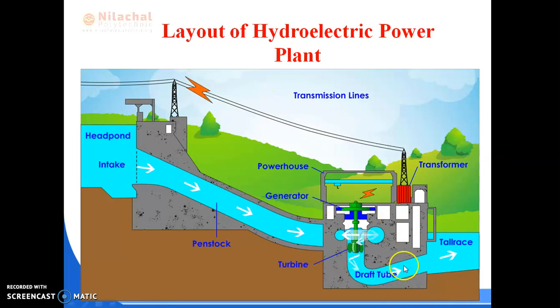There is a draft tube. The main function of the draft tube is that, if the pressure energy of the liquid at the outlet of the turbine unit is less than atmospheric pressure, we increase the pressure of the water to more than atmospheric pressure, thereby drawing the water from the outlet of the turbine to the ground level.